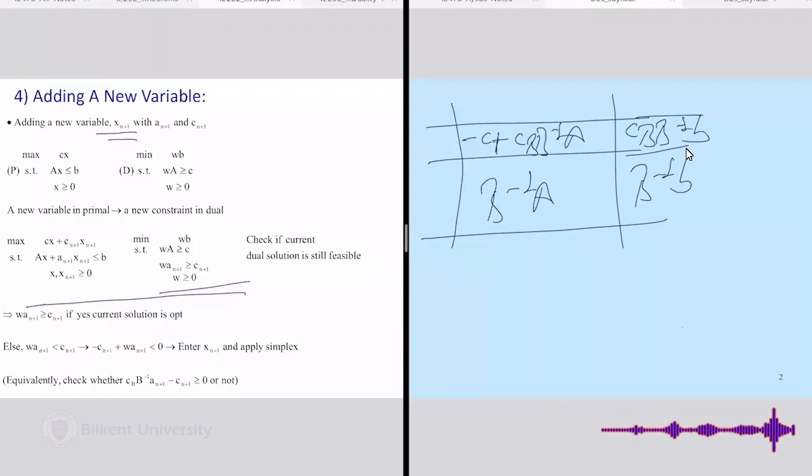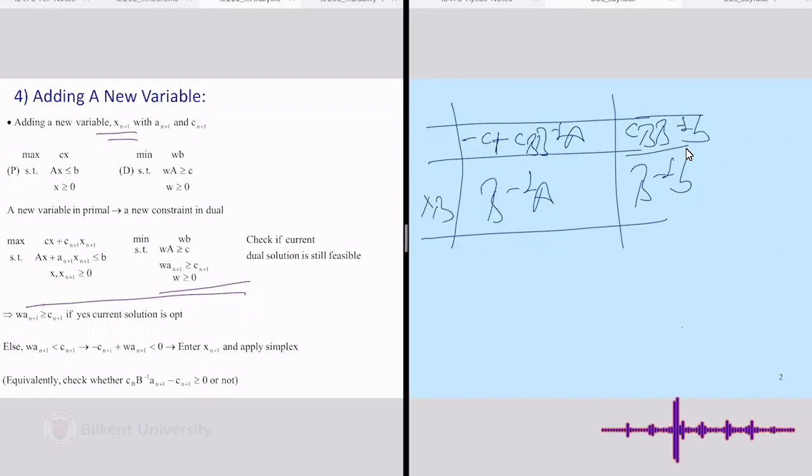Think about it. The answer is already on the board, but I want you to reason it out by yourself. Any ideas? Now, in my current optimal solution, which gives me this table, I didn't know about this new variable.